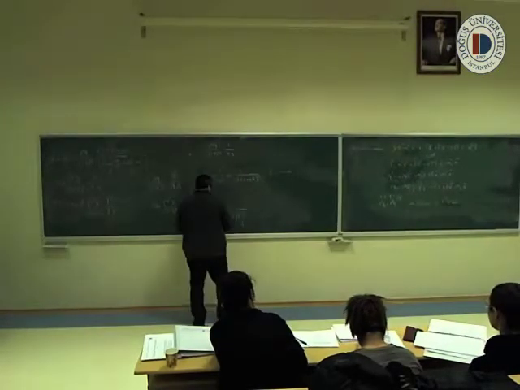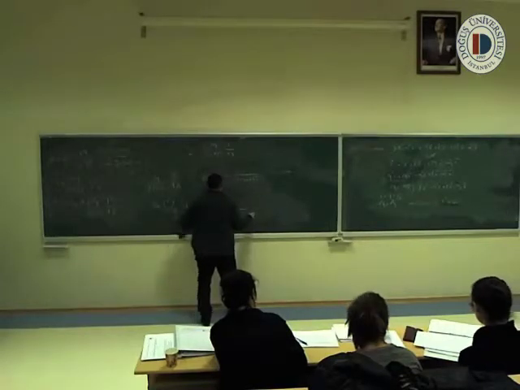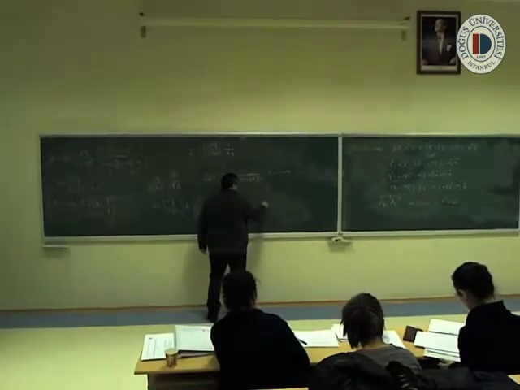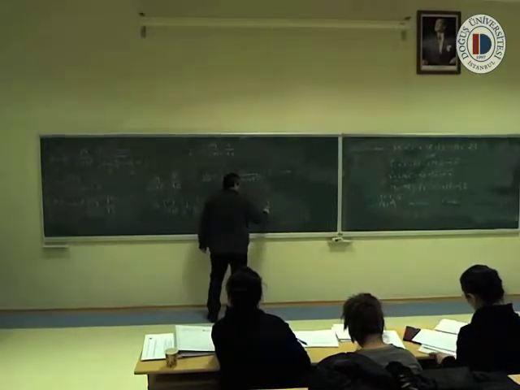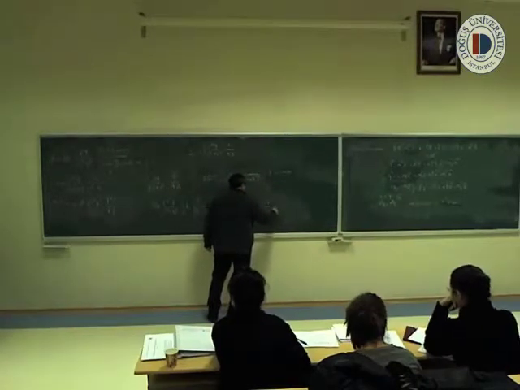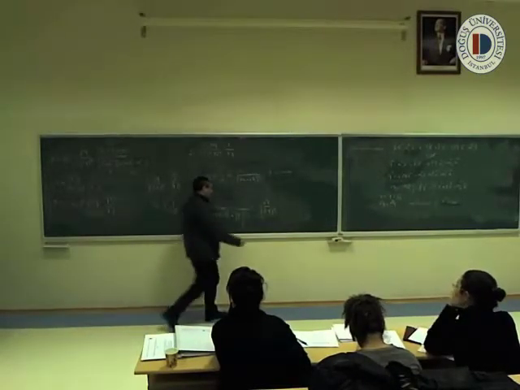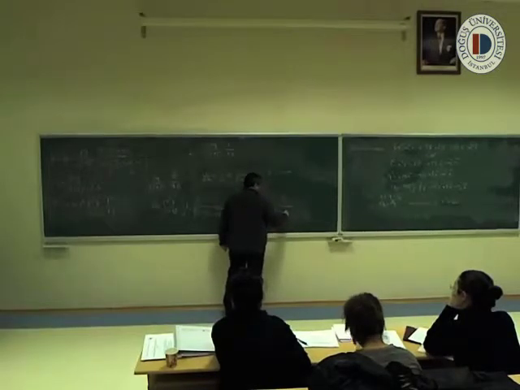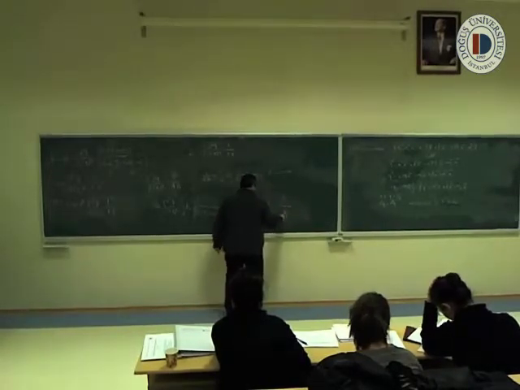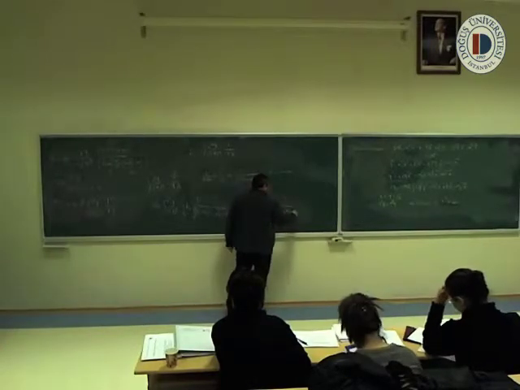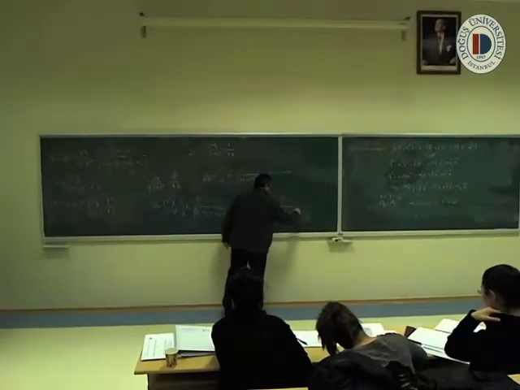So my integral can be written as d4k over (2 pi)^4 1 over (k squared plus delta) to the power of 2.